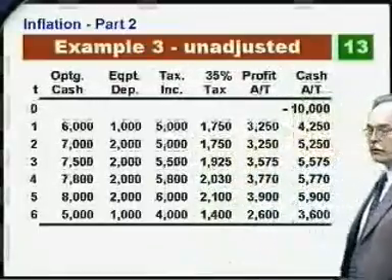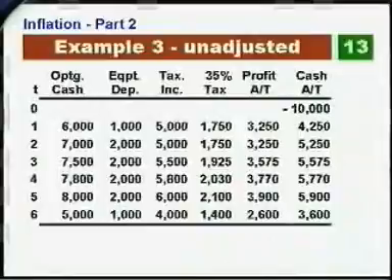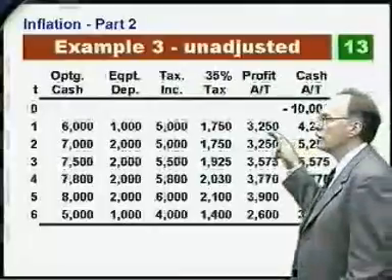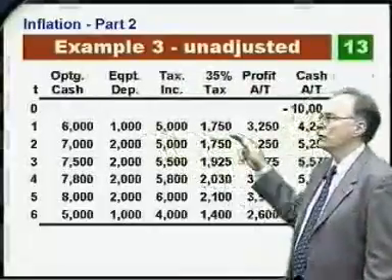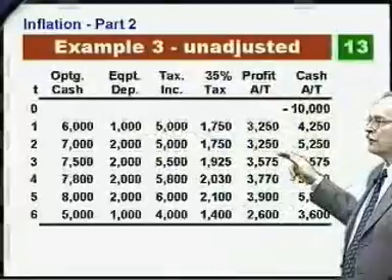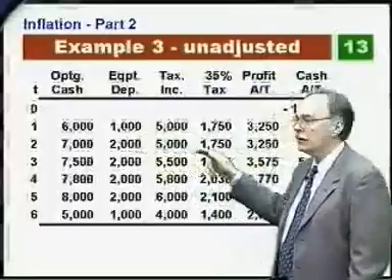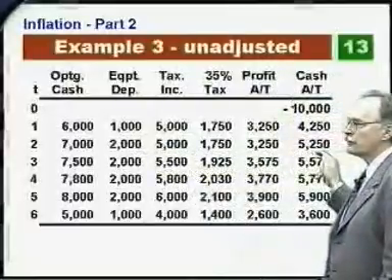And then last, to get the cash flow after tax, we would take the profit after tax and undo the arithmetic of subtracting depreciation. So in the first year, we take 3,250, add 1,000, and we get the cash flow after tax of 4,250. In the second year, the profit after tax is 3,250. Add the depreciation of 2,000, get the cash flow after tax of 5,250.